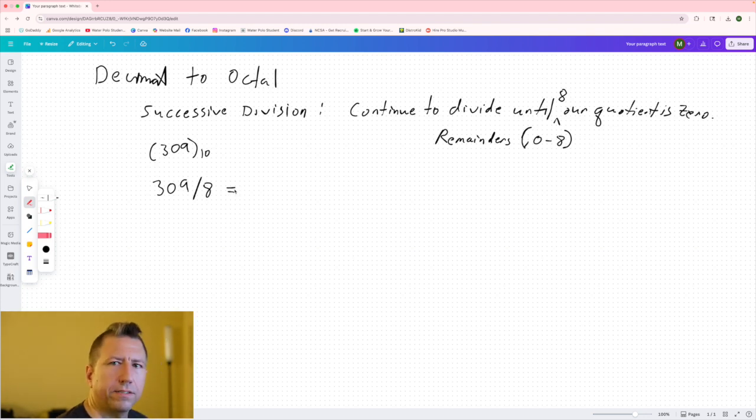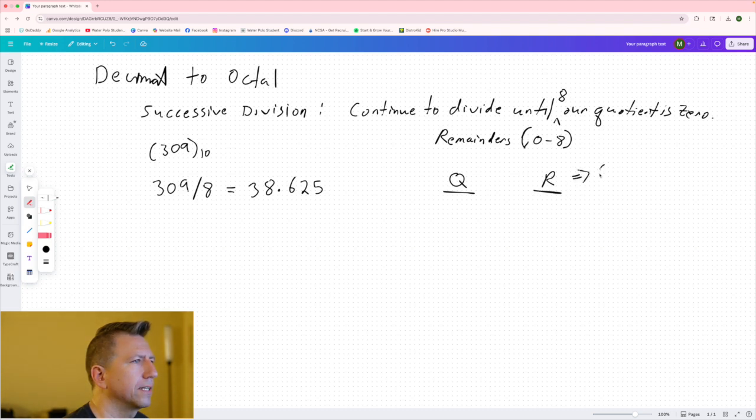If you put this into your calculator and you are in non-exact mode, you're going to get the number 38.625. Remember, we want to build the quotients, and the remainders are going to give us our octal number.